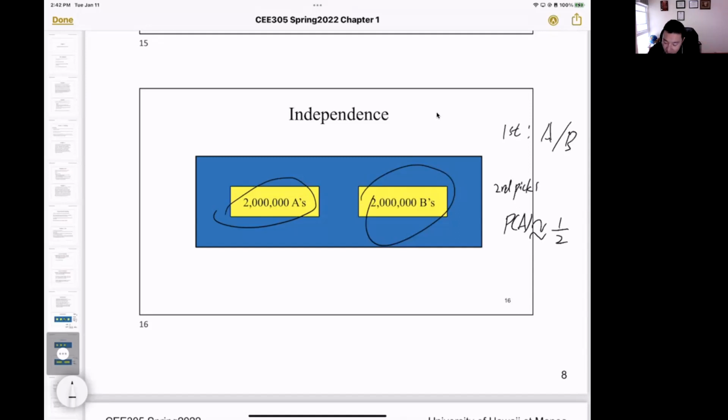So the chance for the second pick for PA is still close to 50%, and PB is also close to 50%. That is because the sample size, which is 1, we pick one item for the first sample, is much, much smaller compared to the size of the whole population, which is 4 million. So when the sample size is small enough, then the different sample items, we say they are independent of each other.